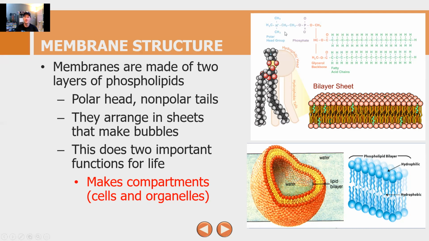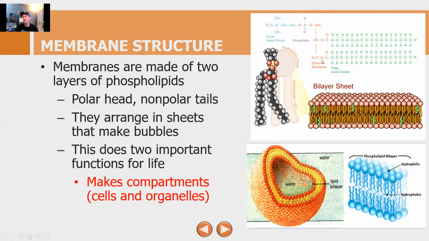But so is this choline head right here. It has a positive charge and it has a negative charge that balances with it on its phosphate. It's neutral overall, but it's electrical in its nature, unbalanced. Water can attract to that very easily.